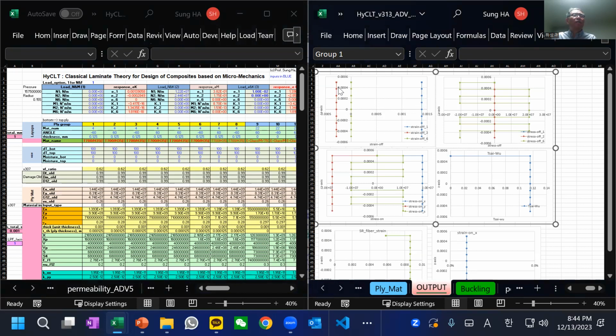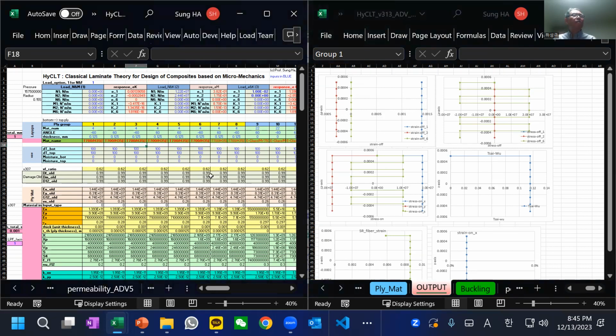And observe that in the Y direction the strain 2 is negative. It's not easy to predict, but it says that the X direction is extended, but the Y direction is negative because of plus minus 60 degree. Let's take a look at what kind of material property we used.